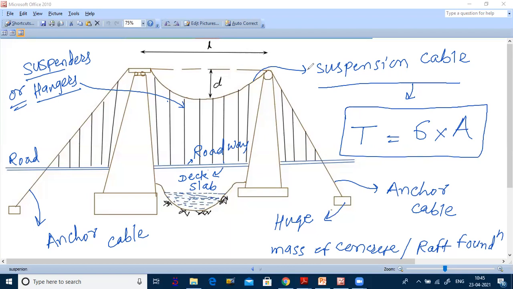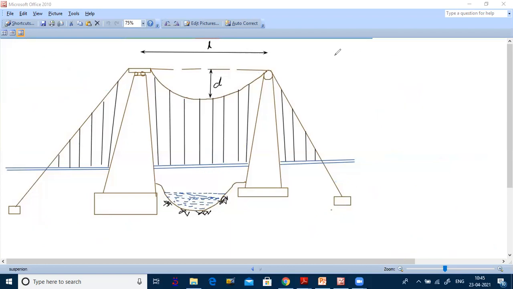Now we will discuss again what are the elements of the suspension bridge.